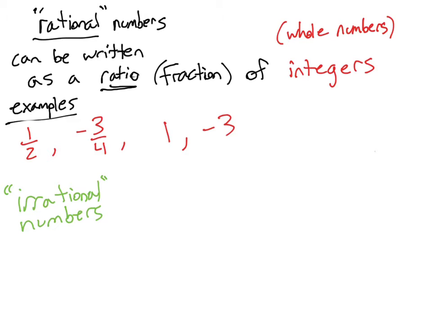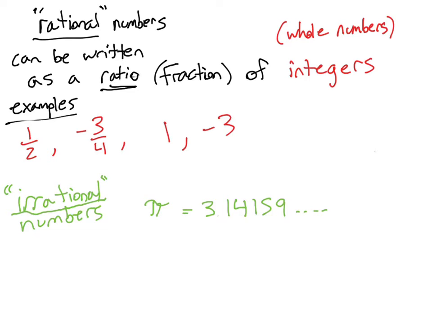Well, then there's also a set of irrational numbers, which are numbers that cannot be written as a fraction using integers. Probably the most famous irrational number is the number pi, which is this decimal that continues on infinitely without ever repeating its pattern.